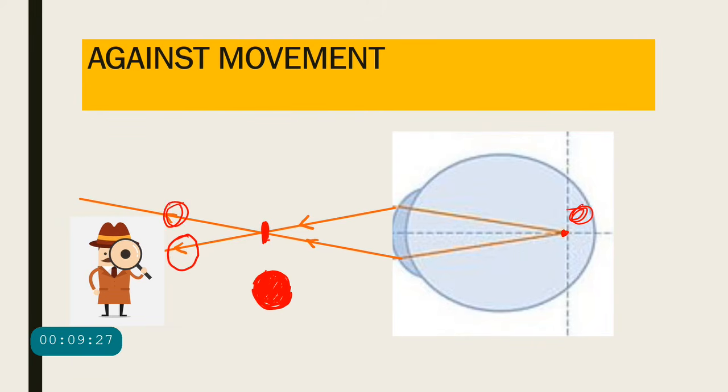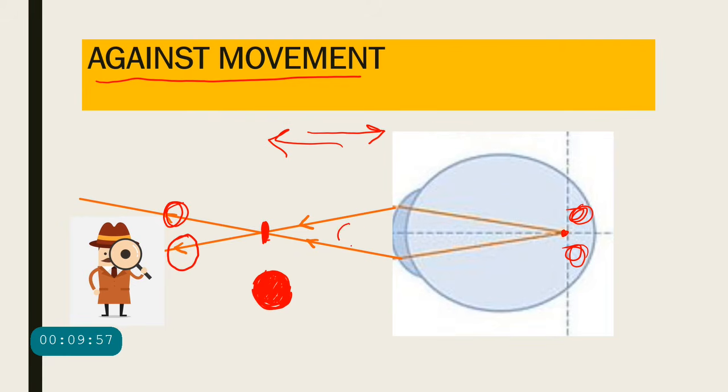The upper part of the reflex is actually coming from the lower part of the retina. And why is this so? Because the rays of light have already converged before going to the detective or to the doctor. Now, because the rays of light have already crossed, the reflex that you see in case of myopes is also a crossed reflex, which is called against movement reflex. That means if you move towards the right, the reflex is going to move towards the opposite side, towards the left, and that is called against movement, right?